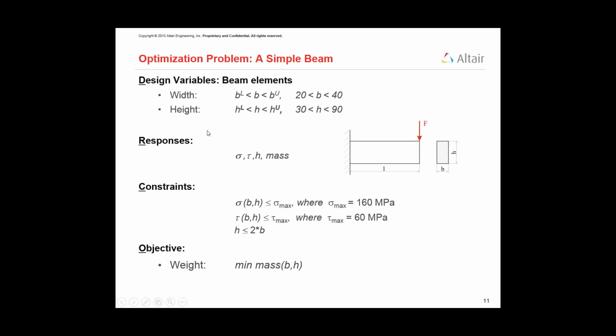What aspects of this analysis are important to us? The stress, the shear stress, the overall height of the part, and the mass. So all of these things are pieces of information that we're going to want obtained from each iteration of the analysis. And then using these, we're going to constrain them.